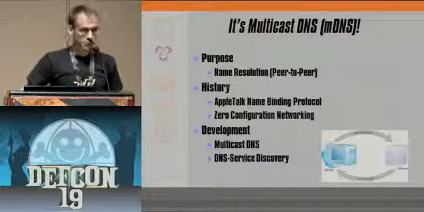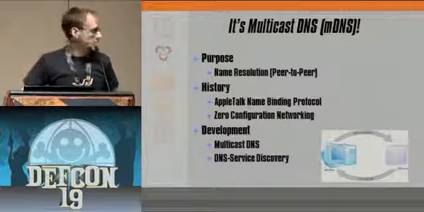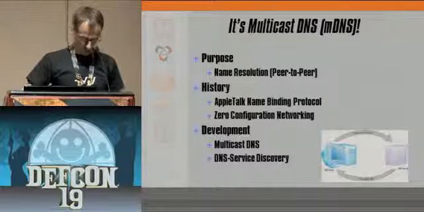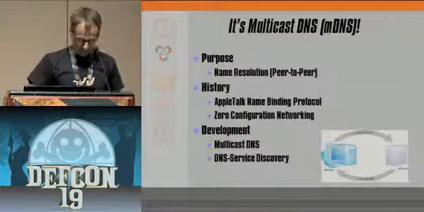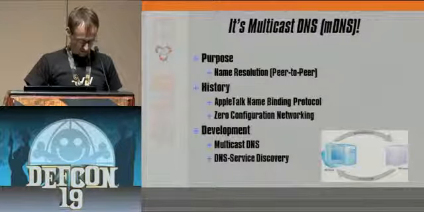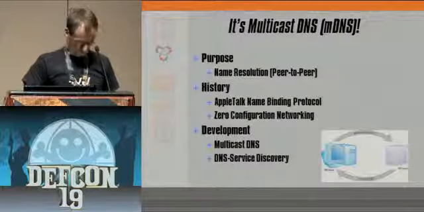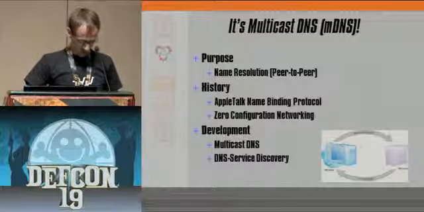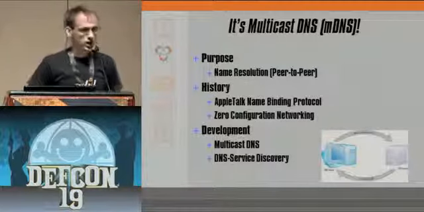Now, in addition to multicast DNS being part of this initiative, there was also an addition by Apple of DNS-SD via multicast, or DNS service discovery via multicast, to the initiative to allow for peer-to-peer service discovery in addition to the name resolution.